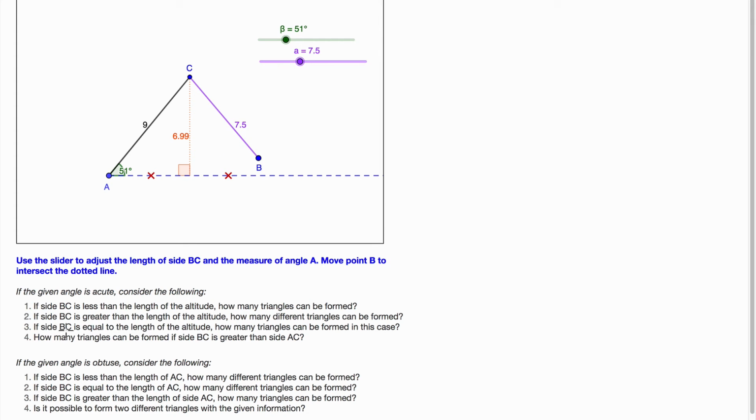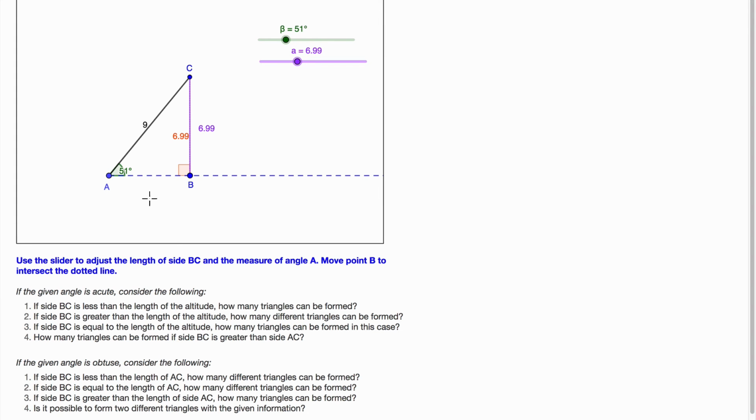Point 3 says, if side BC is equal to the length of the altitude, how many triangles can be formed? If it was 6.99, right here, it's going to intersect right at this point. So it's going to give us just one triangle, and that triangle is going to be a right triangle. That makes sense because this side length is the length of the altitude, so it must be the altitude.